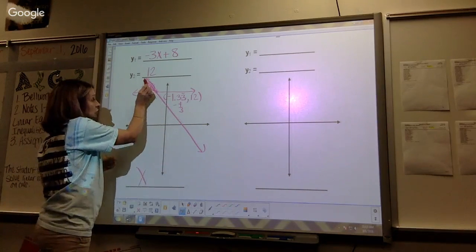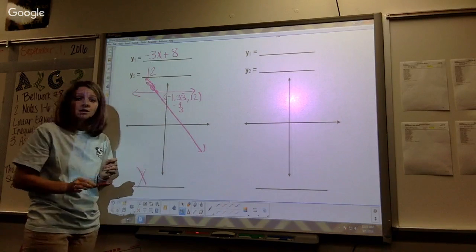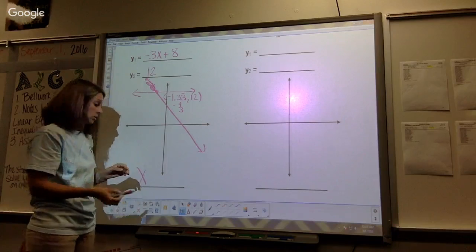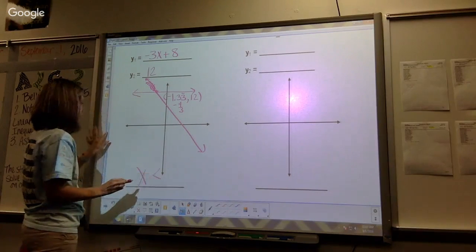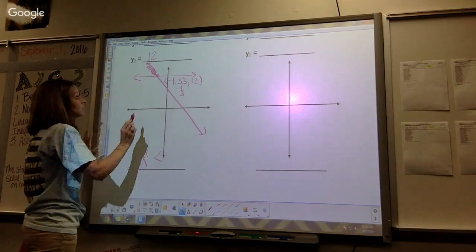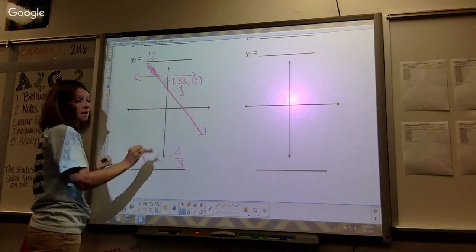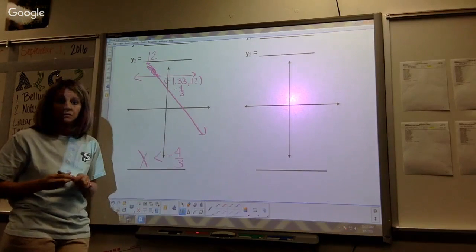So notice that the shading is going to the left. As we go to the left, our x values are getting smaller. So it should be x is less than, and it doesn't include it as in the original, negative 4/3 or negative 1.3 repeating. Okay.